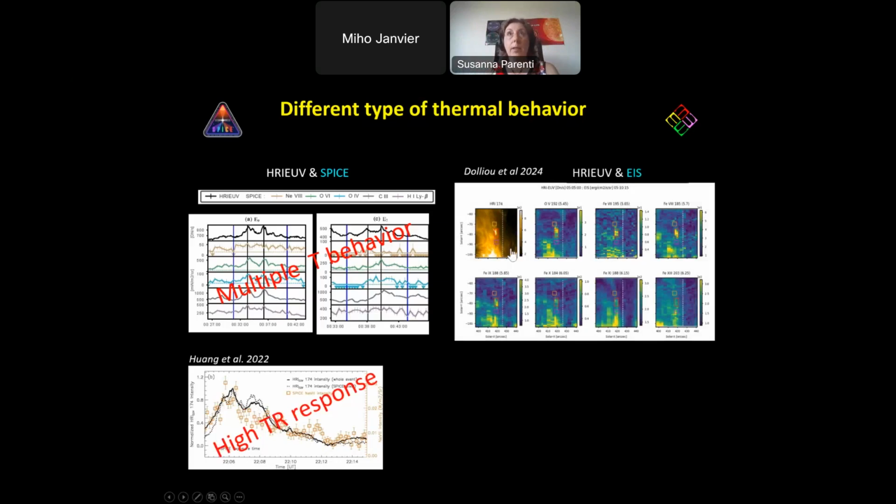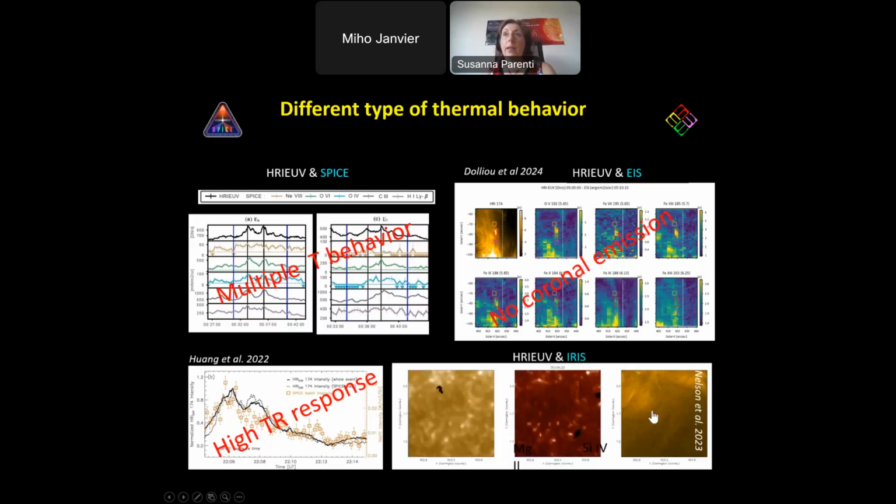And in fact, this is an example here. You have a feature from HRI-UV at this point that you clearly see in the cool line. But when you go up above iron 10, 11, the feature disappears. You just see a large scale loop, which is here in the coronal line. So this has no coronal emission.